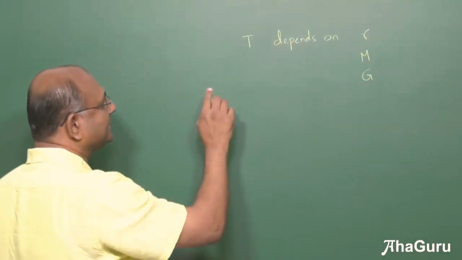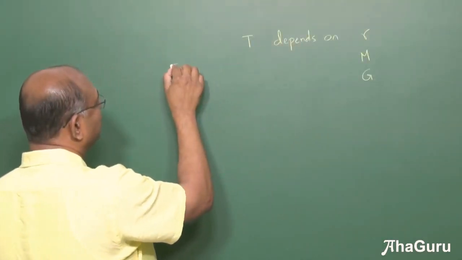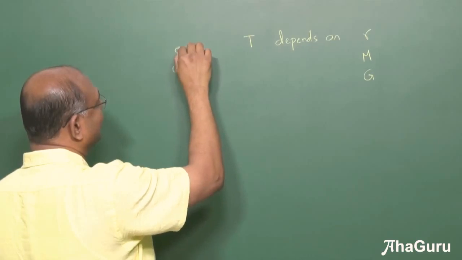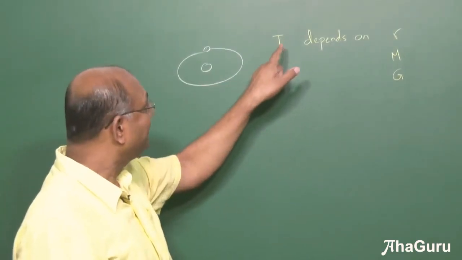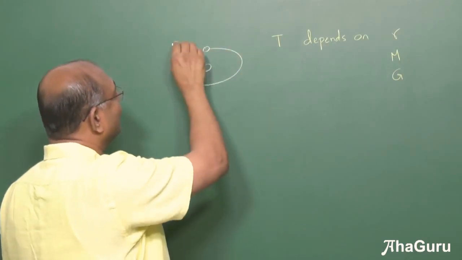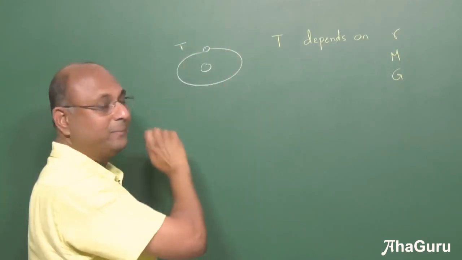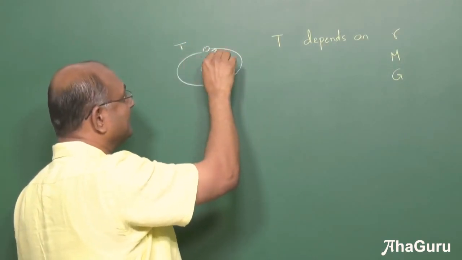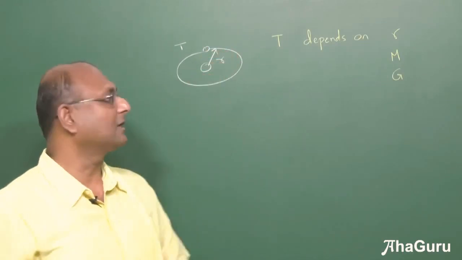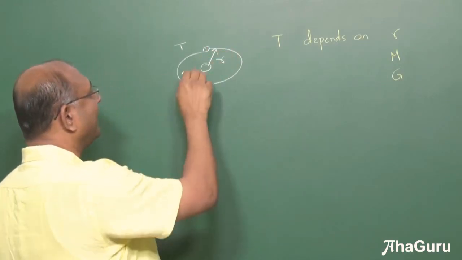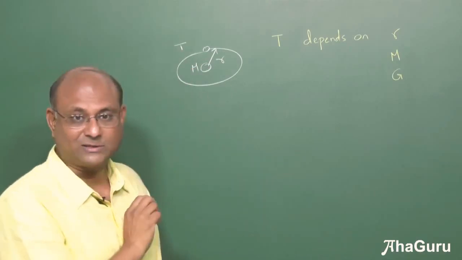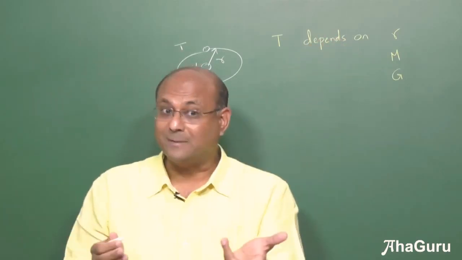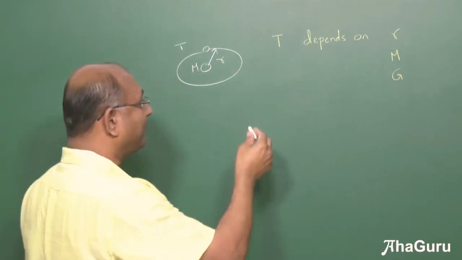So here is a question where there is a planet that is going around the sun. We know that the time period, the time it takes to go around, T, is going to depend on R, which is this radius, assuming that this is a circular orbit. It depends on the mass of the sun. It also depends on G, the gravitational constant. But I don't know how it depends. Look at the possibilities.